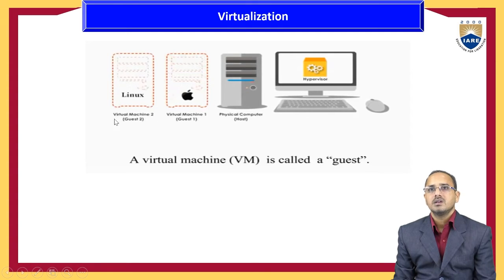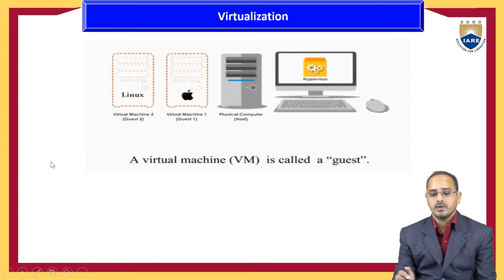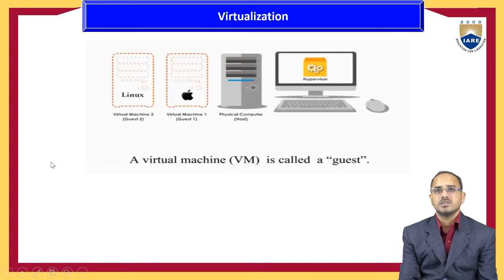Next, a virtual machine, VM, is called a guest. These virtual machines, virtual machine 1 and virtual machine 2, we call the guests. Virtual machine 1 is the guest 1 machine, and virtual machine 2 is the guest machine 2.